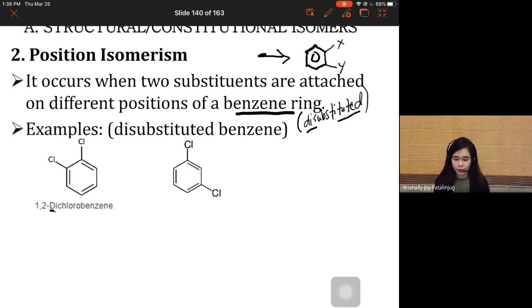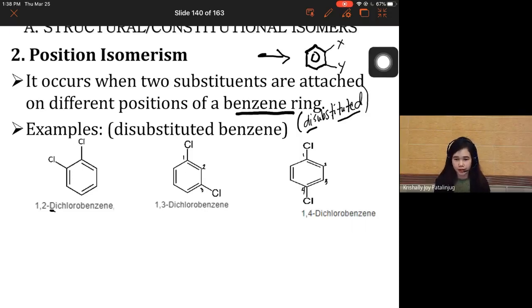Okay, what about this structure? The name of this di-substituted benzene is 1,3-dichlorobenzene. What about this structure of di-substituted benzene? It is 1,4-dichlorobenzene. So that is how to name a benzene.